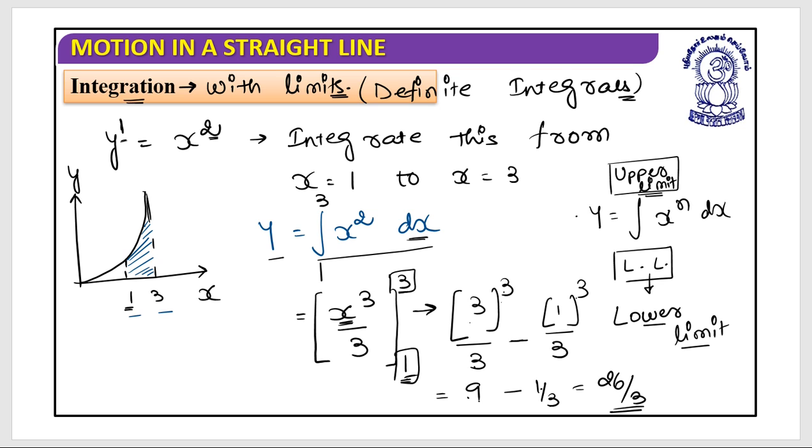While putting in the limits, you need to apply the upper limit first, minus the lower limit. So it should look like upper limit minus lower limit. Can you understand this? Is it clear to you?